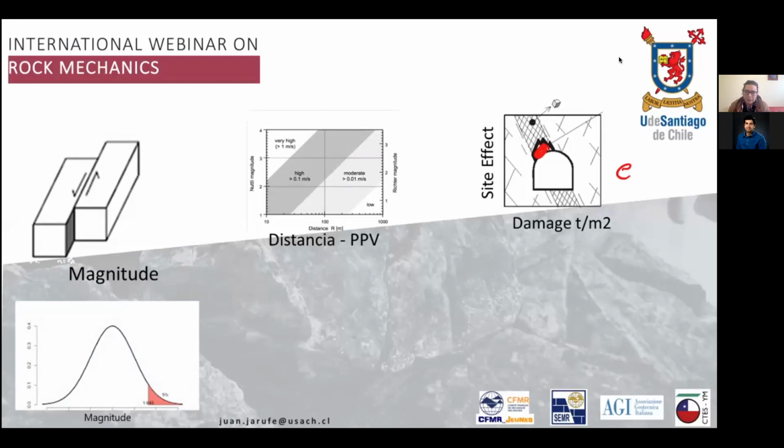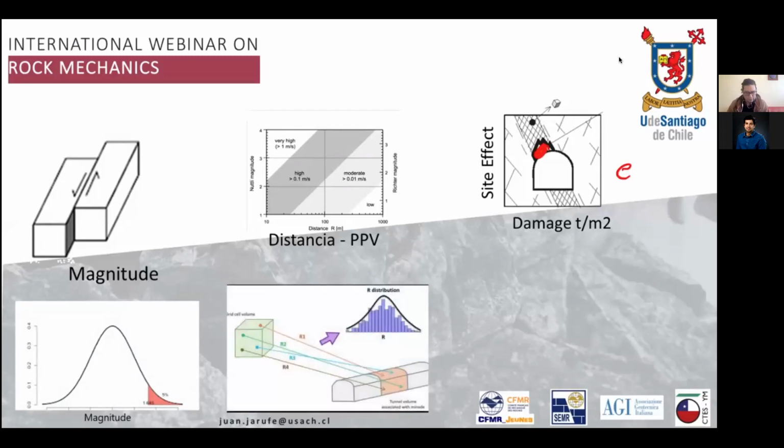Some of those values are very likely, others are more difficult to occur, with less probability. The same occurs with the distance from the seismic event to your excavation, and you have some variability, not because your excavation is going to move, but because the location of your seismic event has some error.